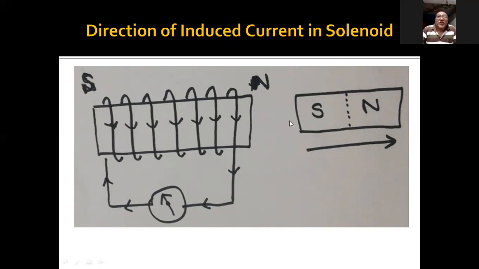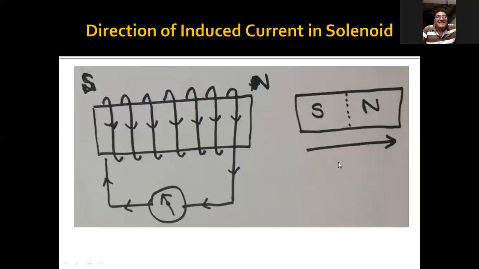So when this south pole is going away, to stop it, here a north pole will be induced, and here a south pole will be induced. The reason for this north pole being induced here is Lenz's law, because the induced polarity will try to oppose this motion, because the south pole is going away.